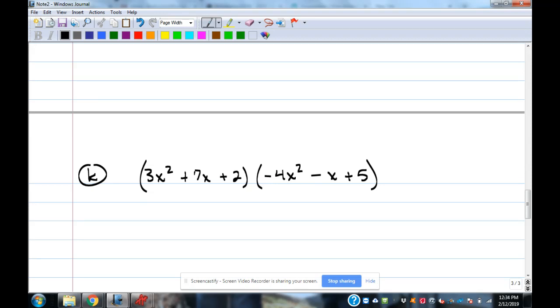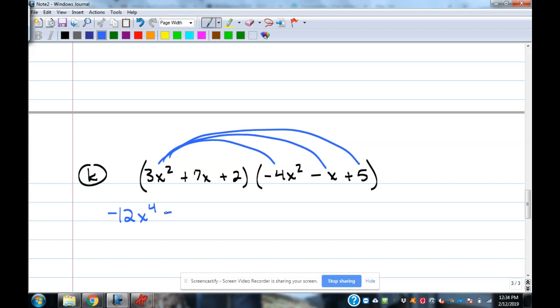That's how you decide. So 3x squared times everybody over there. It'd be negative 12x to the fourth, since 2 and 2 makes 4. 3x squared times negative x would be negative 3x to the third. 2 and 1, so it's third. 3x squared times 5 is 15x squared.